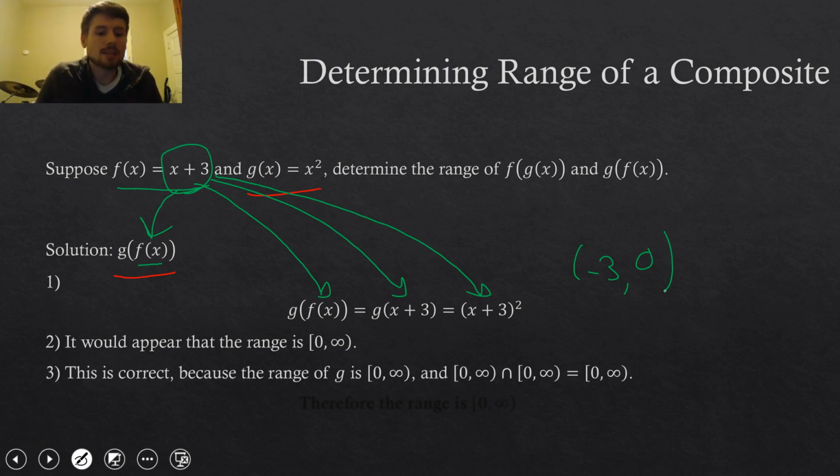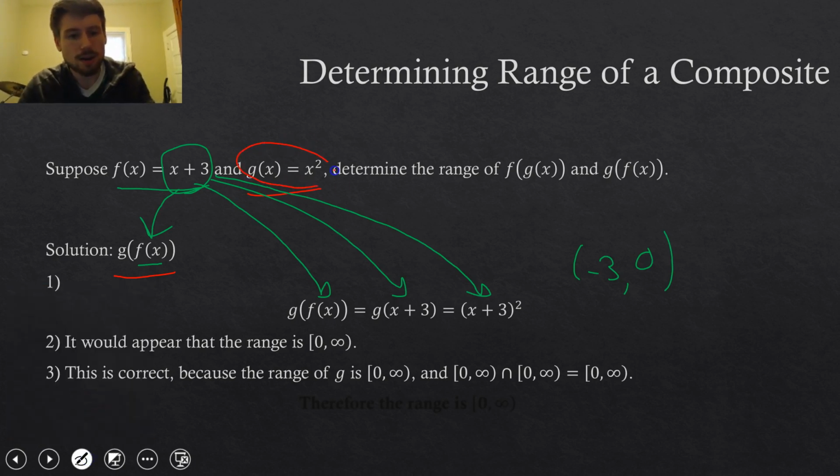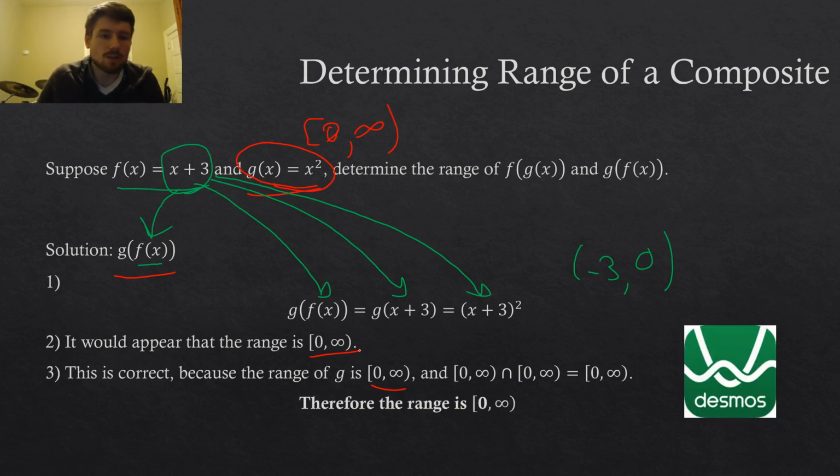And that's correct, because remember, the range of the composition is determined by the outer function. This guy's range is from 0 to infinity as well. And so you have the same ranges, so you're going to end up getting all of that range of the outer function, g. So the range is from 0 to infinity.